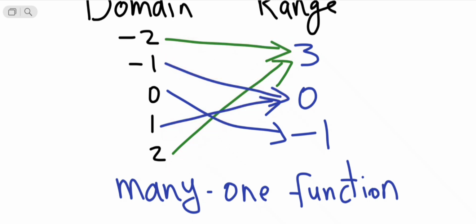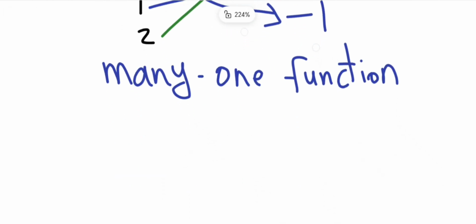So this type of function is called many-to-one function. I hope it is clear for you. So there are only two types of functions, one-to-one and many-to-one function. Okay, sometimes the question is coming like that, so we should know about that one.